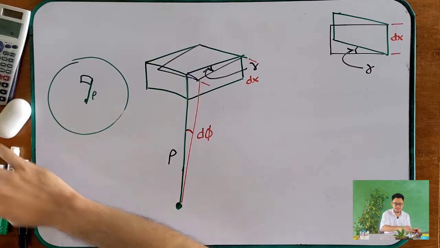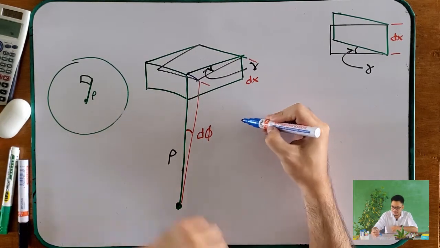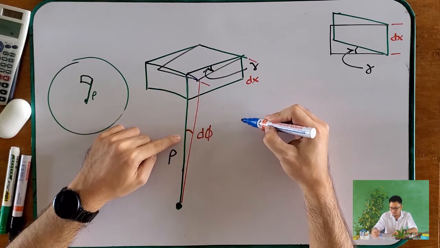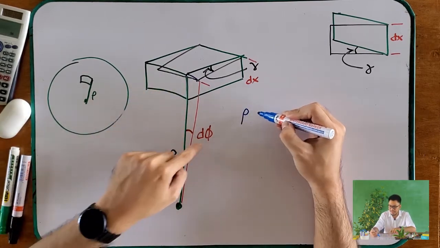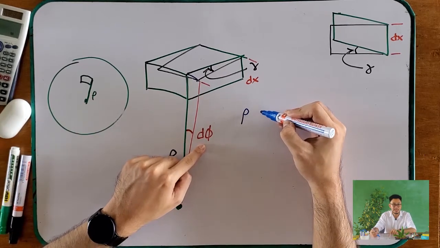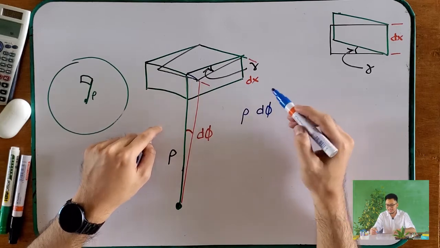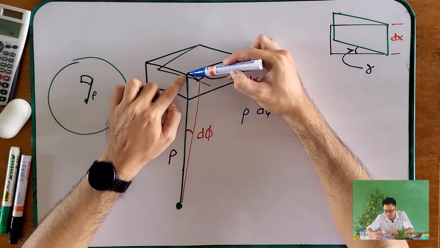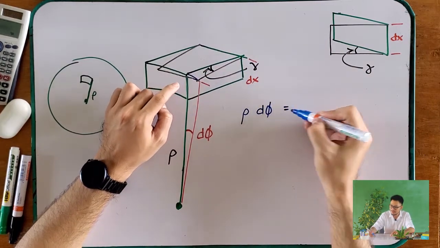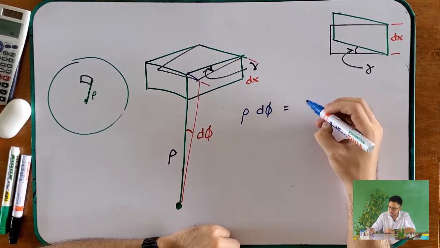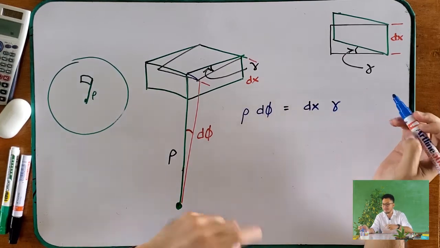And to get that arc length, nakahibaw ta nga to get that arc length ato i-multiply ang radius or ang kanisiya rho multiplied by the angle in radians, which is d phi. And since equal man na sila og arc length, then that is also equal to your dx multiplied by the gamma.